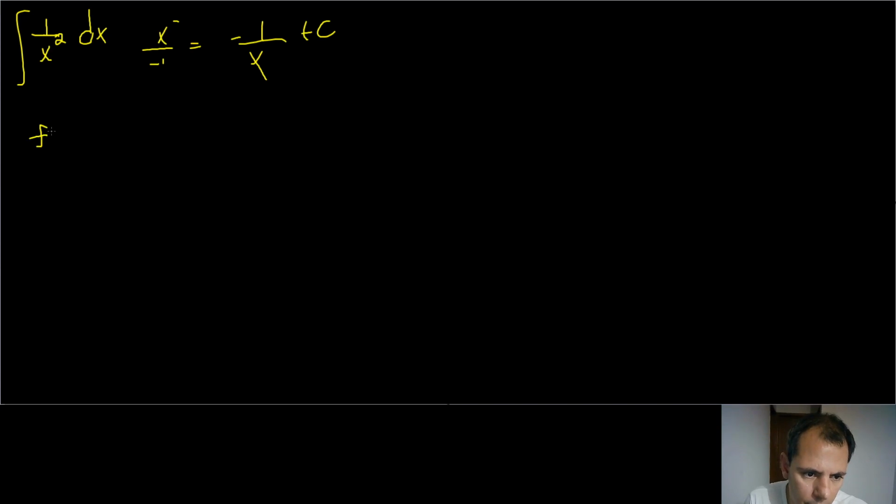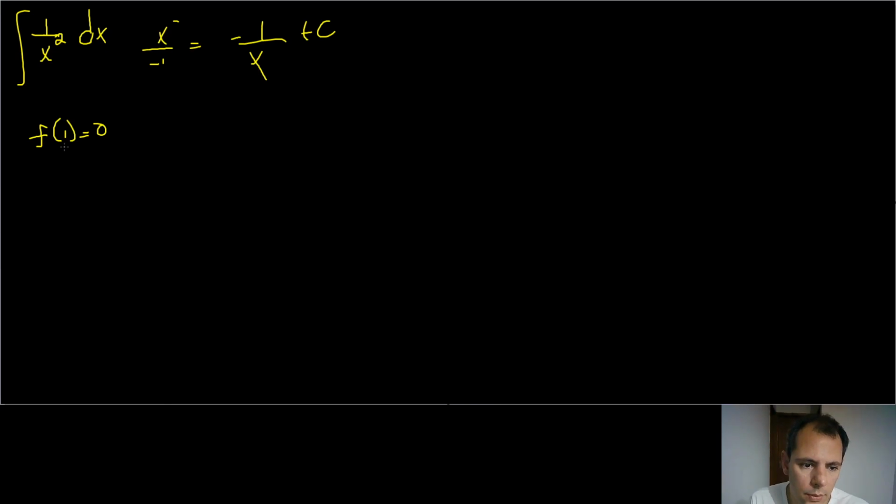Now, what the problem's informing us is that f of 1 equals 0. This f in here is not this one, because this is considered the derivative. So this thing here is actually f prime. So this f here is the equation that we just integrated, the formula that we got by integrating.